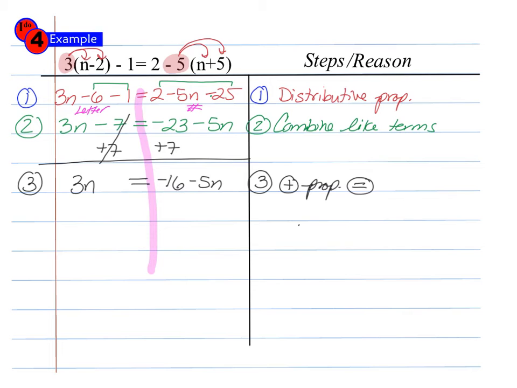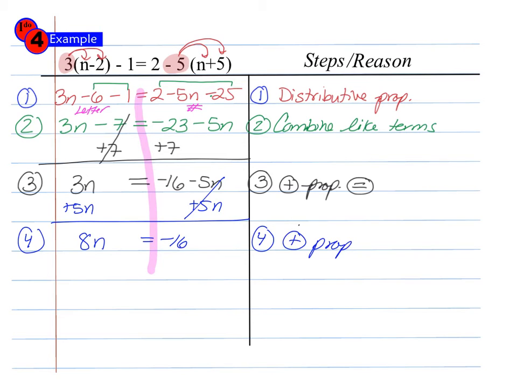Okay, next step that we're going to do is we're going to add the 5n to both sides. And we're going to have 8n is equal to -16. And since I added the 5n to both sides, that again is the addition property of equality.